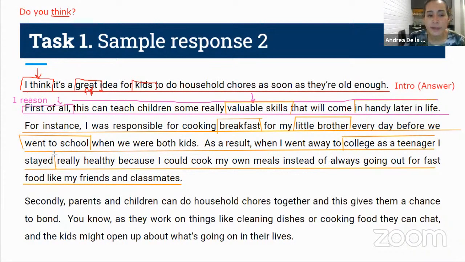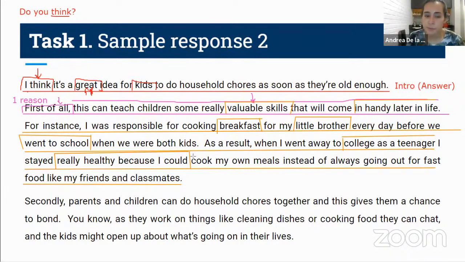So he is definitely illustrating his reason, right? His reason was that they learn valuable skills like cooking that will help them later in life, like cooking during college, right? So as you can see, his example is illustrating his reason directly.